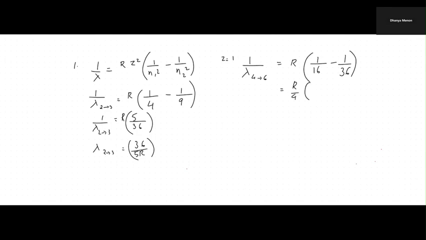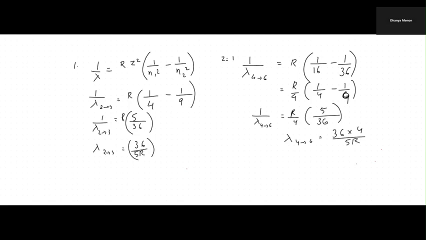So when I take 1 by 4 common, it is 1 by 4 minus 1 by 9. So this will make R by 4 times 5 by 36. Okay, so this is 1 by lambda. So I want to find lambda, so it will give me 36 times 4 by 5.